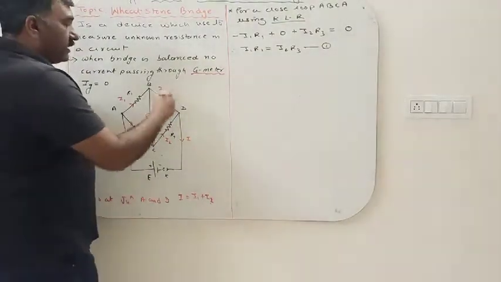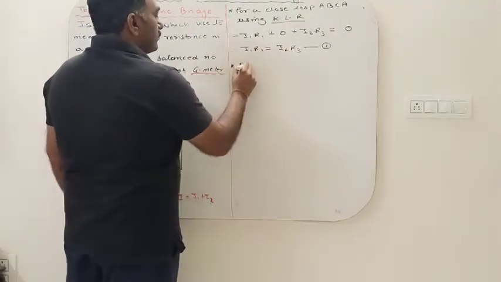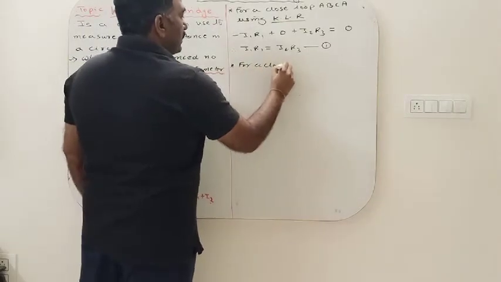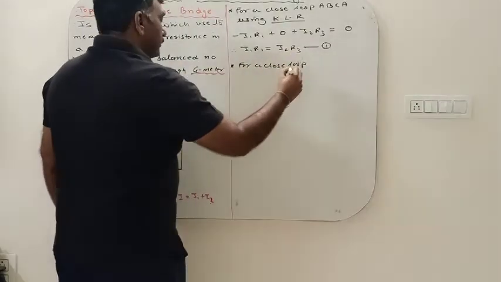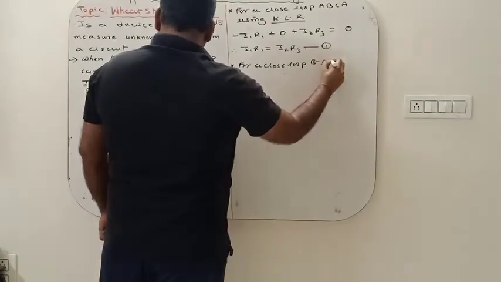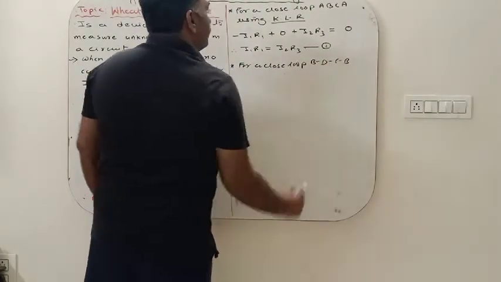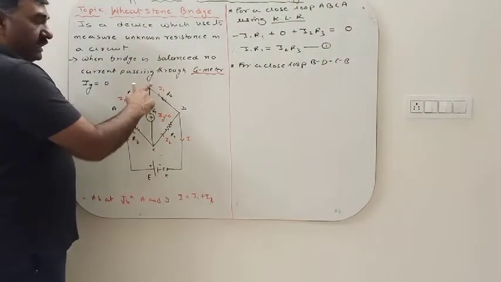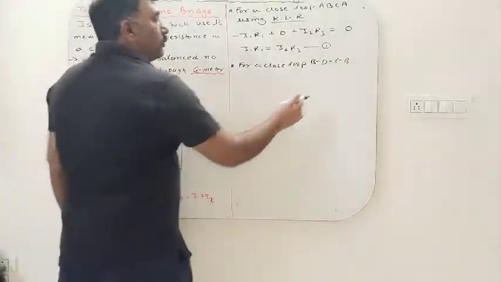Similarly, we take another closed loop, BDCB, and use the Kirchhoff loop rule in the same way.